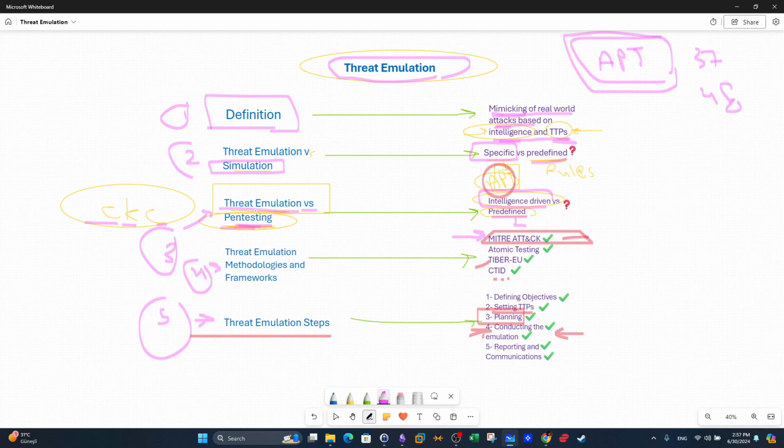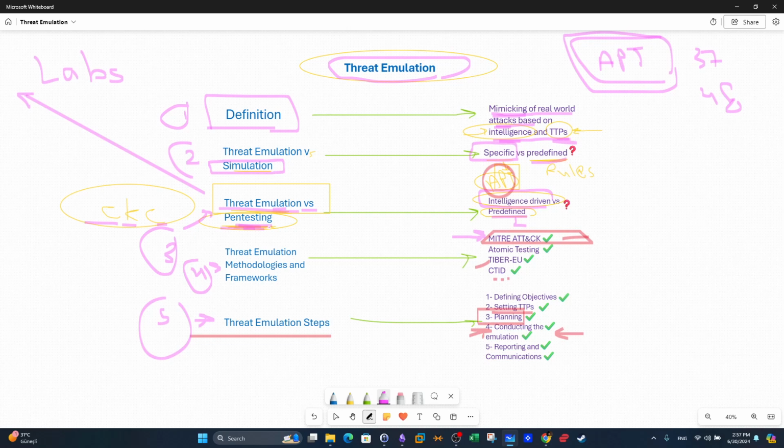It's worth mentioning that emulation and pen testing have common factors. For example, both have labs and tools that we use to conduct the work. So both share the practical side.